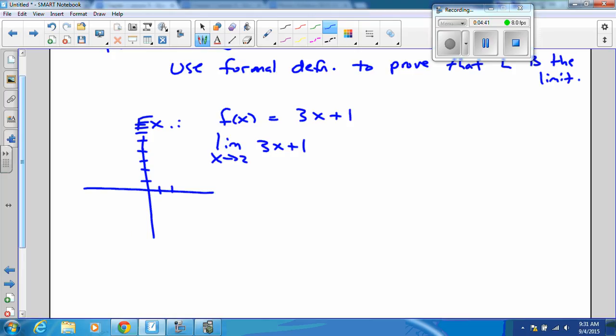We've been doing them for a long time, and we see that we get a straight line that goes here, and it appears that our graph is going to have a limit of 7. And so this is our limit estimate off of the graph.